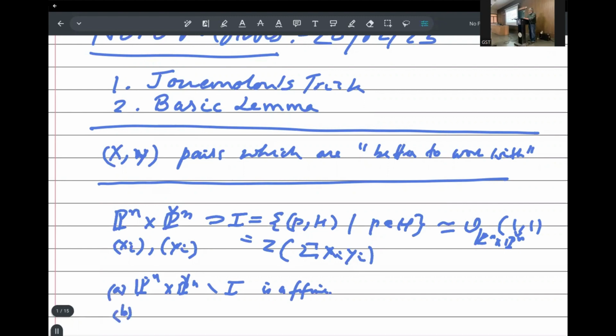And B is that if you look at, let's call this J of Pn, then look at the map from J of Pn to Pn.